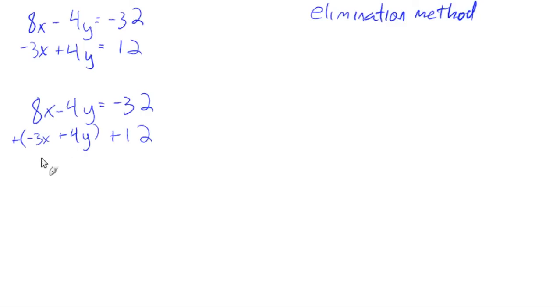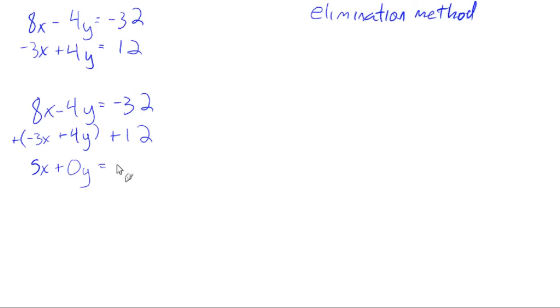So 8x plus a negative 3x is going to be 5x. And here is the elimination part. Negative 4y plus a positive 4y will be nothing. It'll be 0y equals negative 32 plus 12 is going to be negative 10.